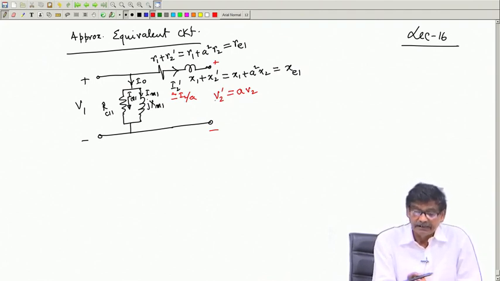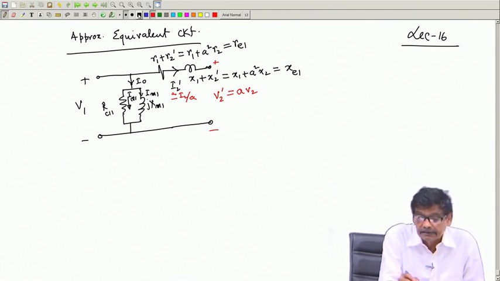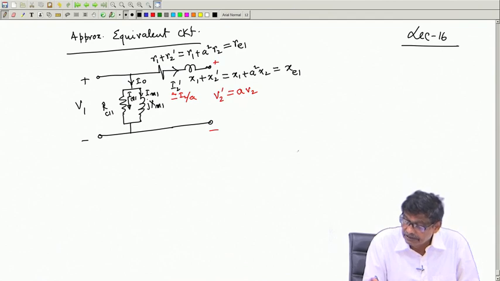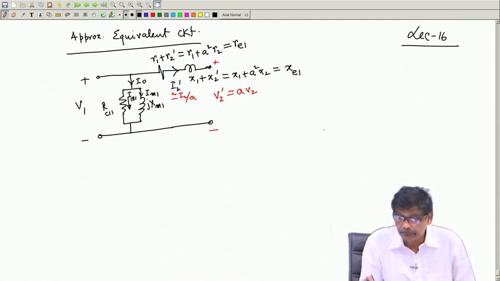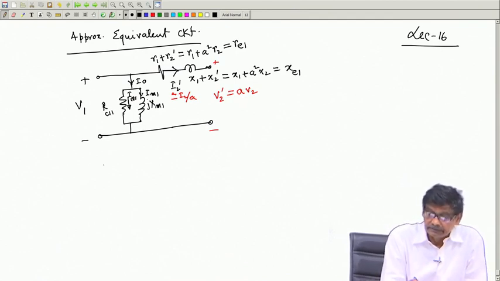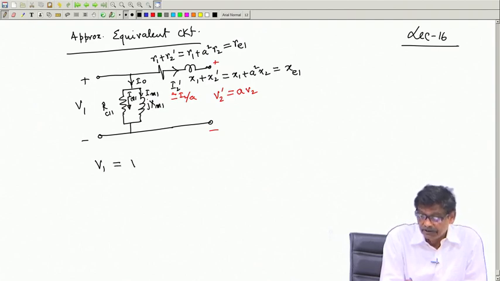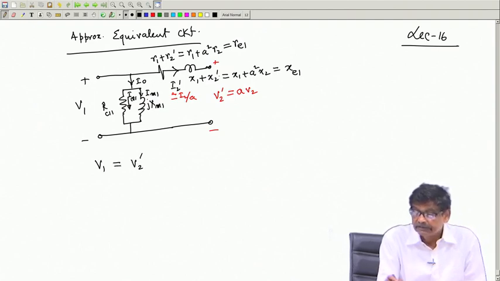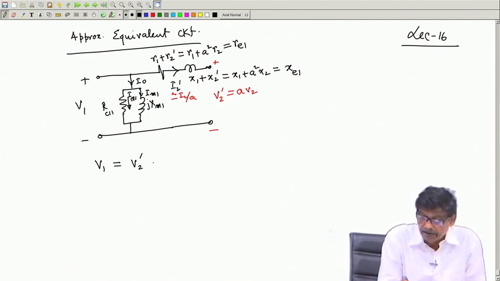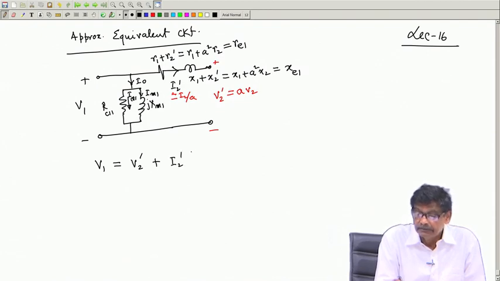Then the phasor diagram drawing becomes so simple. Let us see. Suppose we start drawing the phasor diagram with respect to V 2 dash. Now, as you can see, V 1 will be equal to V 2 dash, this voltage, plus this drop, I 2 dash into R E 1 plus j X E 1.